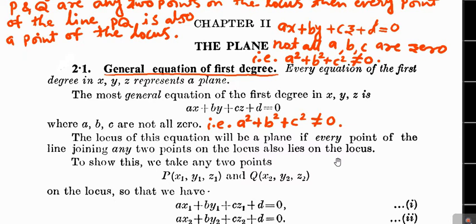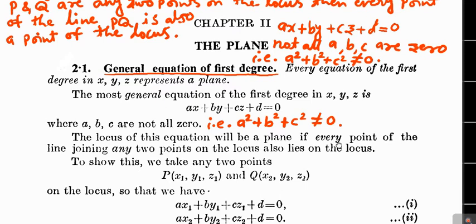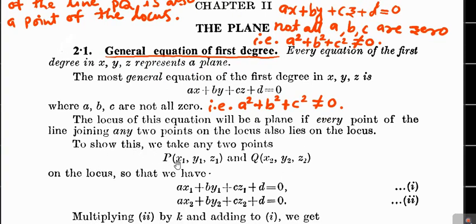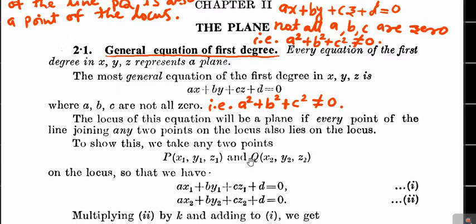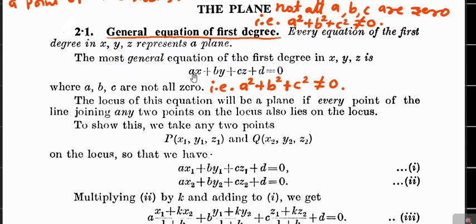So for that purpose, we have to take any two arbitrary points from that locus. So let P and Q, having coordinates x1, y1, z1 and x2, y2, z2 respectively, be any two points of the locus. Now, if P and Q are points of the locus, then obviously they will satisfy the equation of the locus, ax plus by plus cz plus d equal to 0.